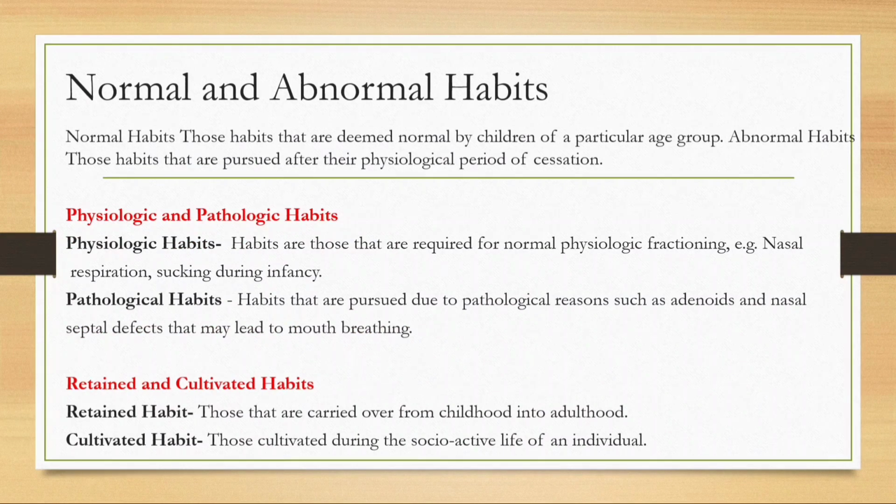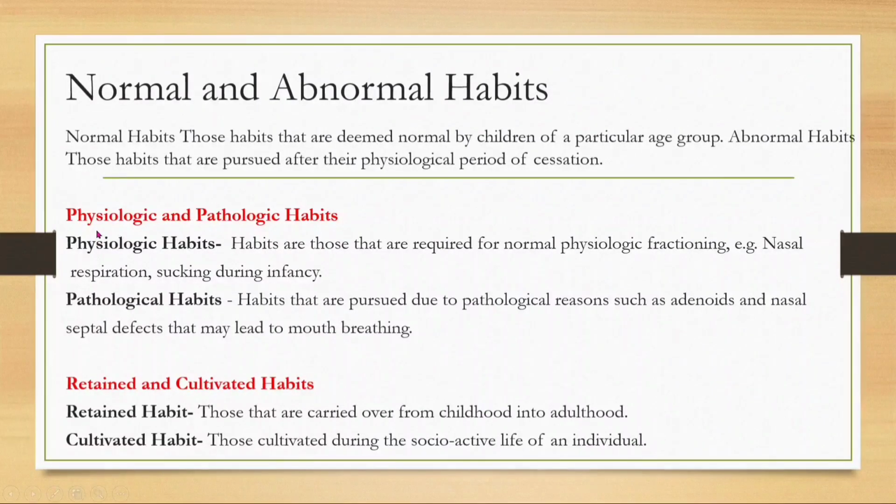And we have another classification: normal and abnormal. Normal habits are normal according to the age group. Abnormal habits are those pursued after their physiological period of cessation. For example, if the child has persistent thumb sucking even after three and a half years, it is called an abnormal habit. Until that period, it is normal.